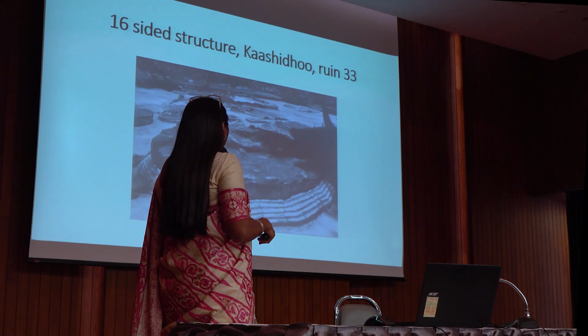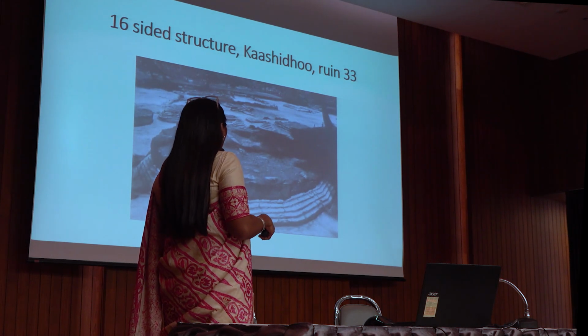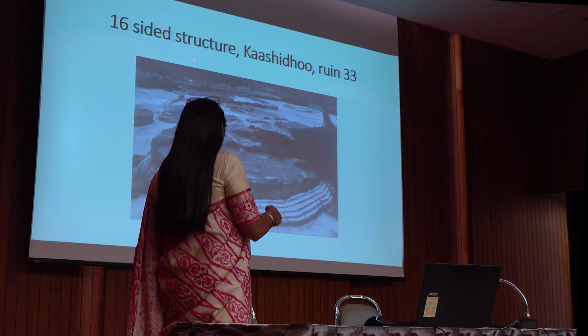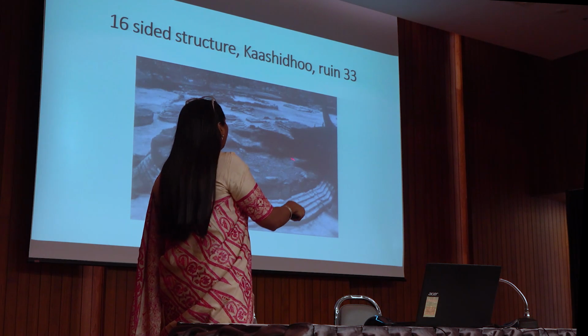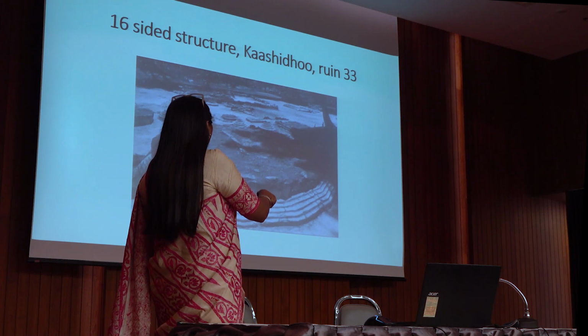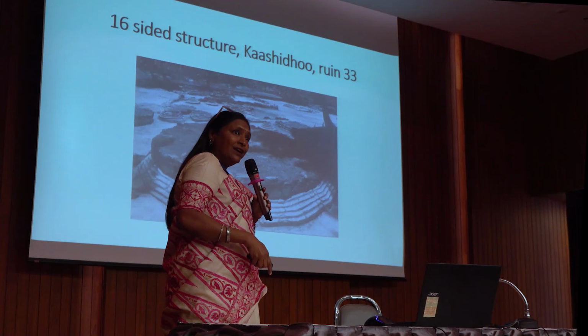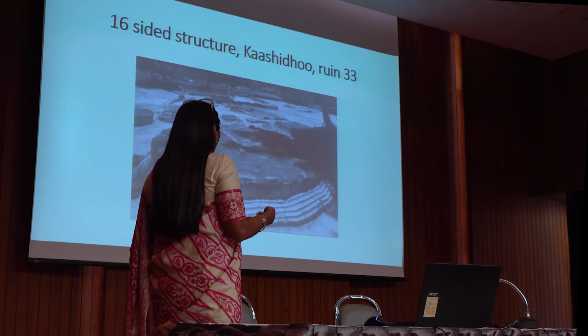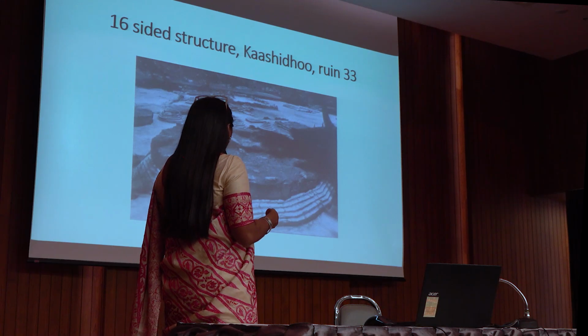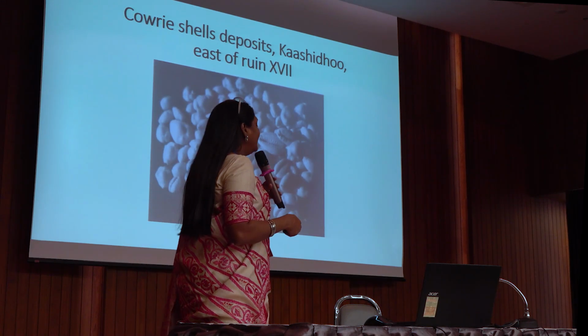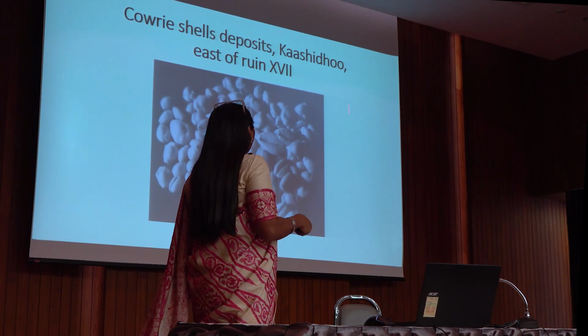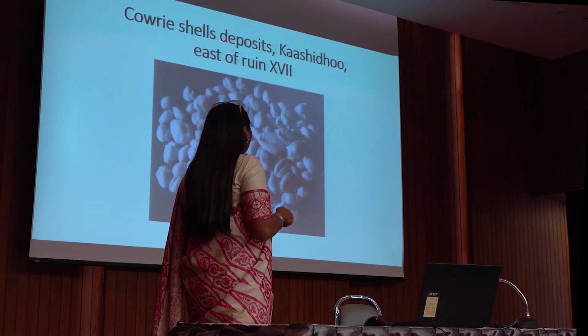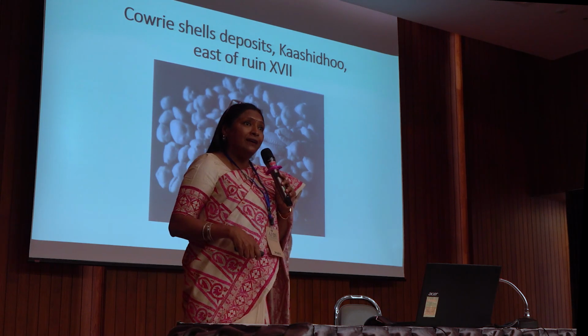And this is stupa number 32 and 33. This is a very interesting kind of stupa where you have multiple edges, a 16-sided structure, which is unique, which we do not find very often. This is a very rare kind of stupa. And inside this Kashidu stupa, we found a cowrie shell cache.